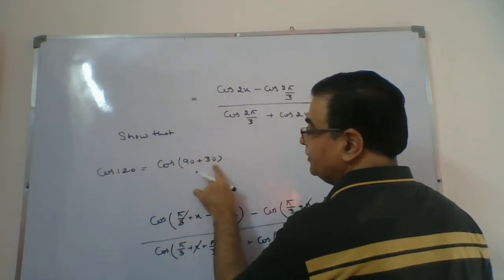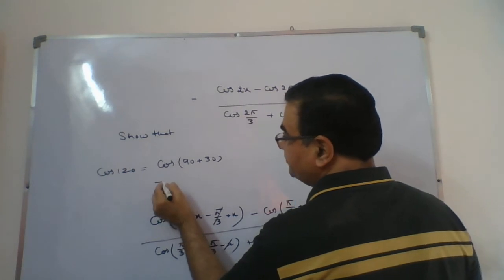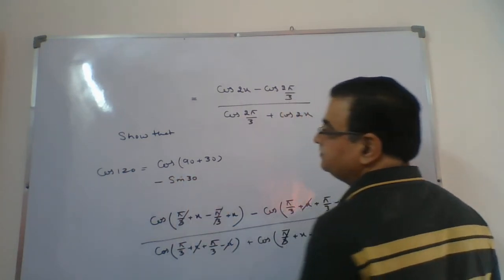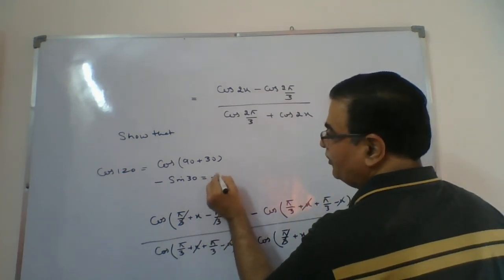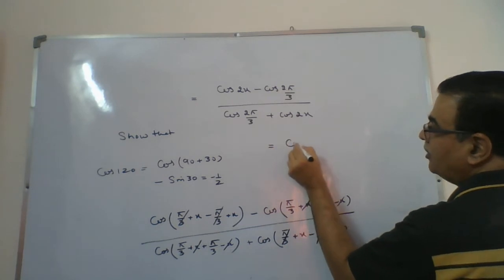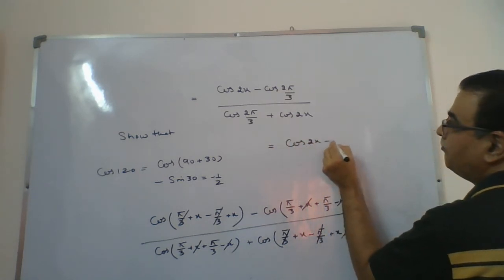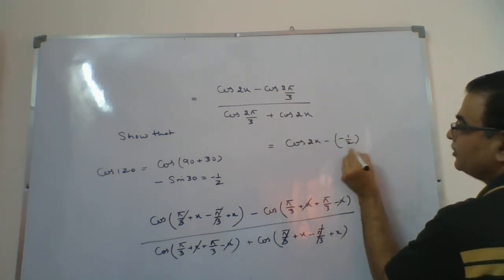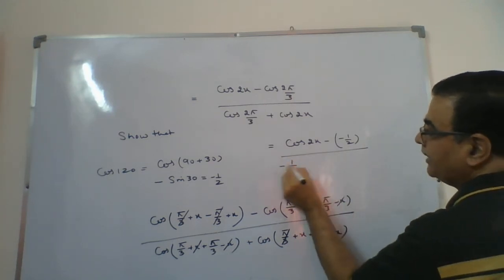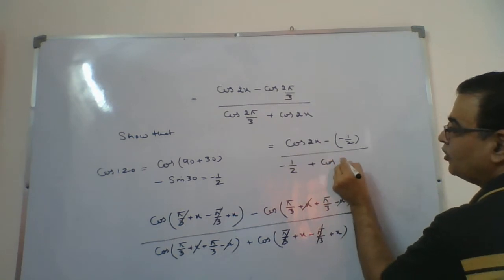In the second quadrant, cos is negative and it comes out to be sin 30, that is minus half. So this value comes out to be cos 2x minus of half, and the denominator will be minus half plus cos 2x.